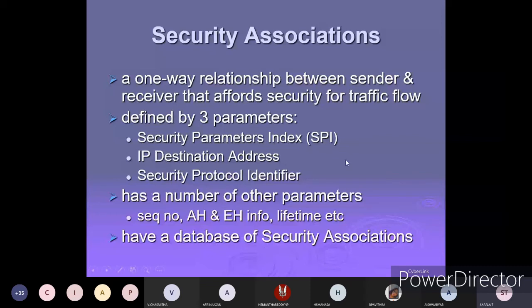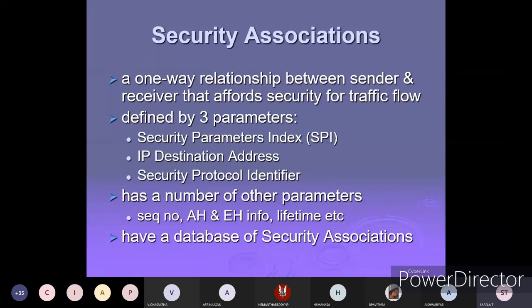And security protocol identifier: what type of security protocols are being used should be known at the destination. If they know what type of security protocols the sender is using, only then can they decrypt it and get the information. For that reason, the security protocol identifier is needed at the destination.